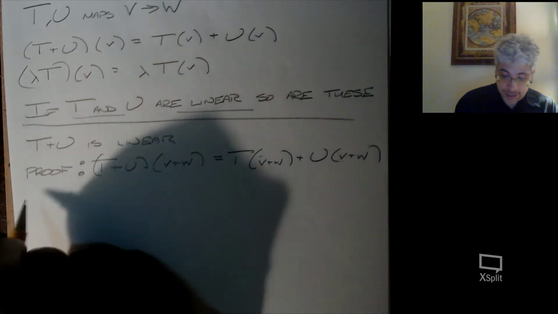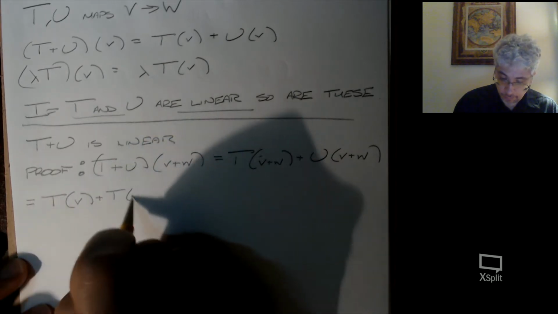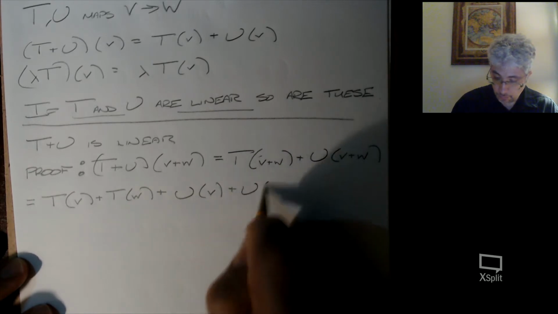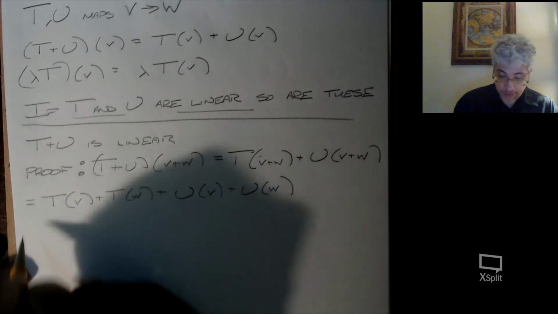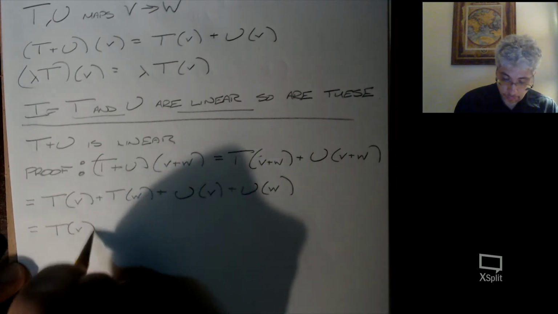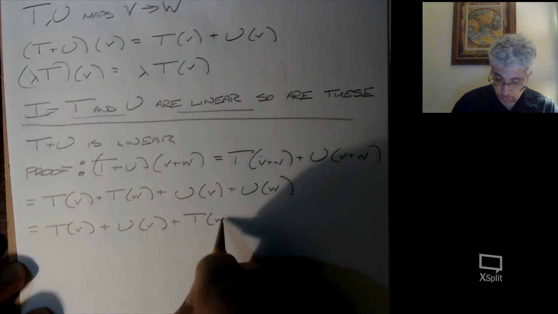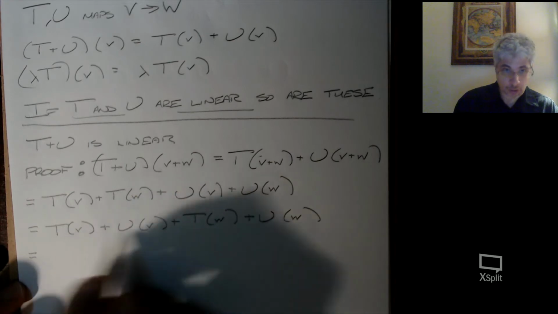Okay, but now T is linear, and so is U. Now let's regroup. And what is this?